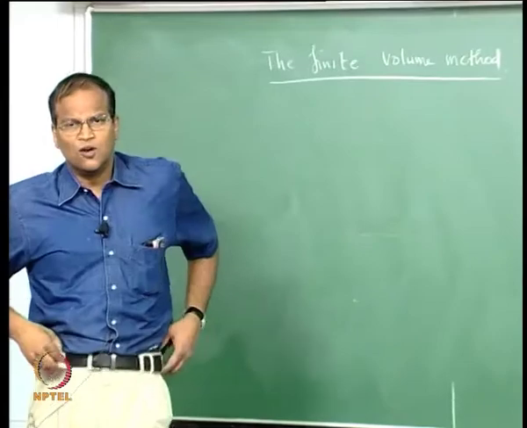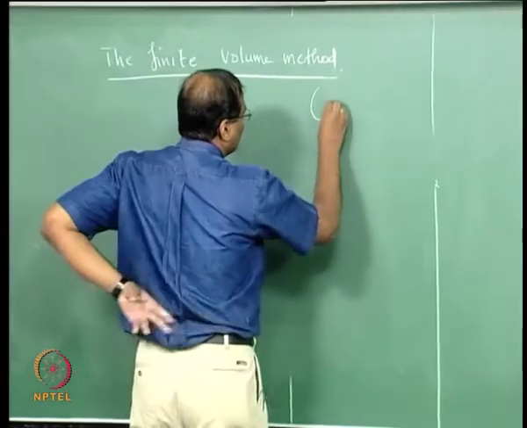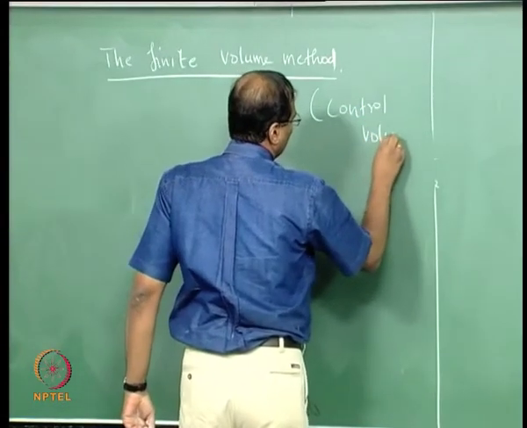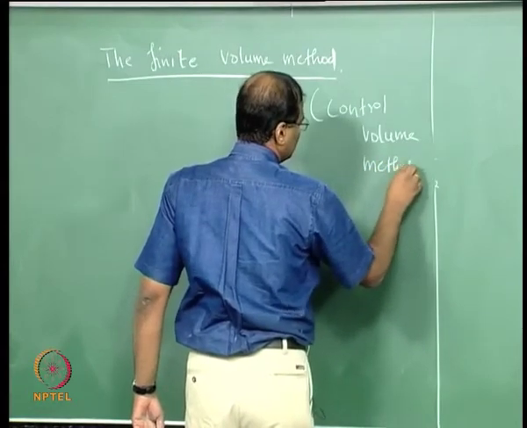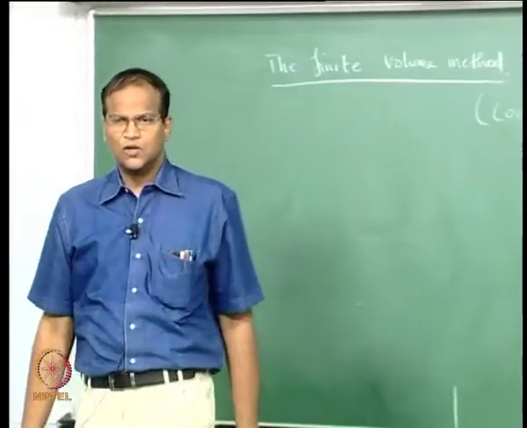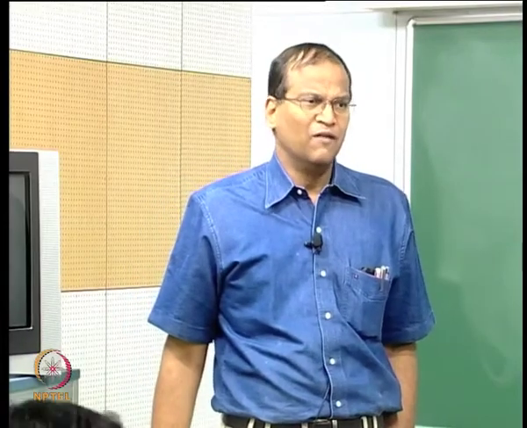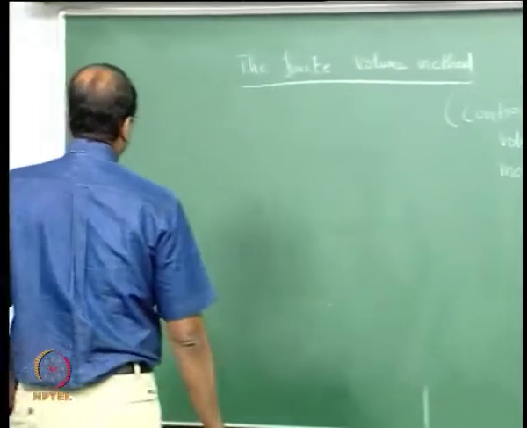It is also called the control volume method, okay. Here we do not use the Taylor series approximation, we will basically look at a flux balance, okay. Let us consider 2D.